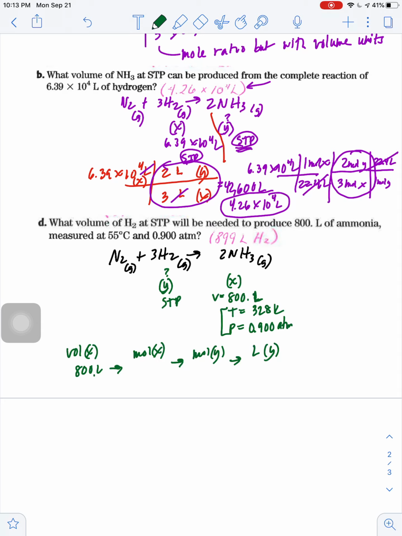You're always going to have to go through moles of X to moles of Y. It's just what you do at the beginning and what you do at the end that you have to figure out.